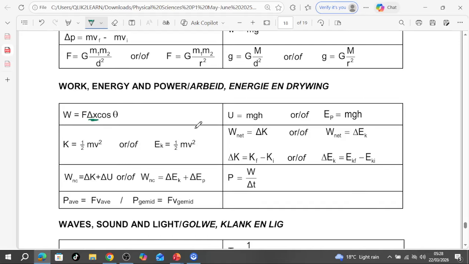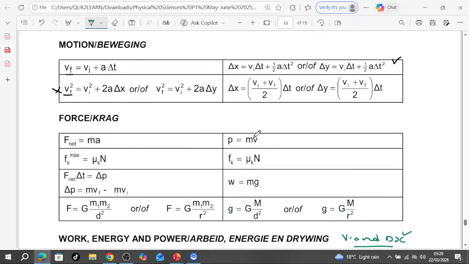That won't help me because it doesn't have a velocity. I need to have velocity and delta x in one equation. If I have that, that can assist me. So this one won't work.